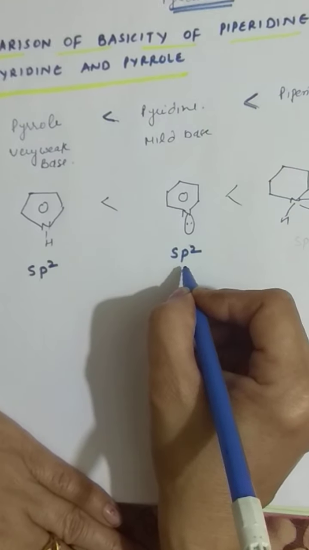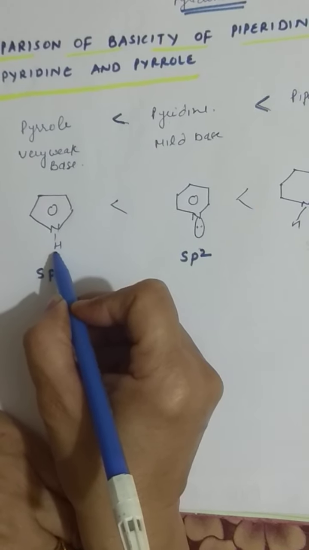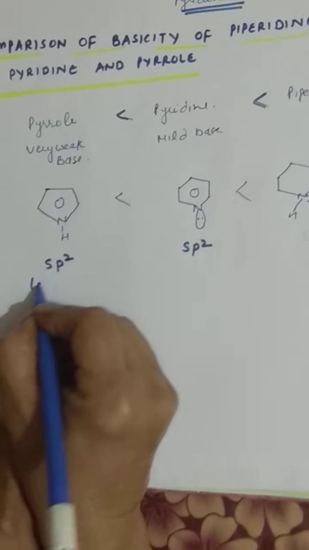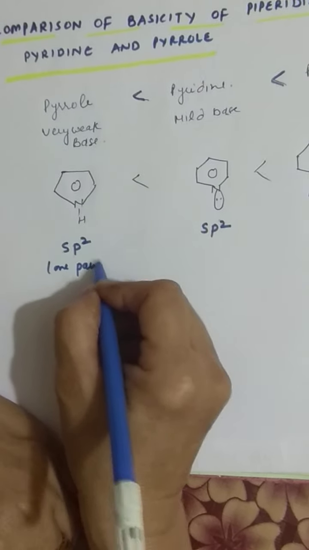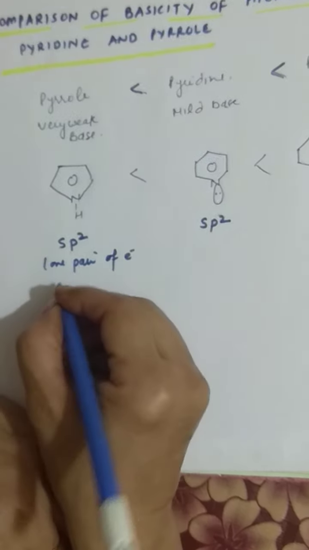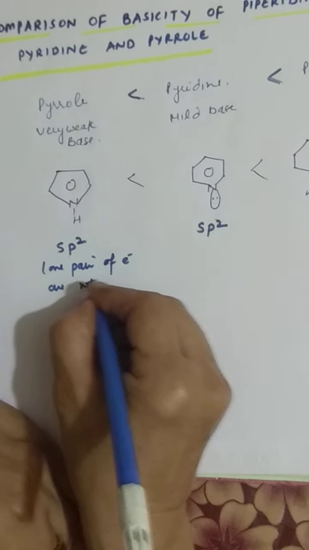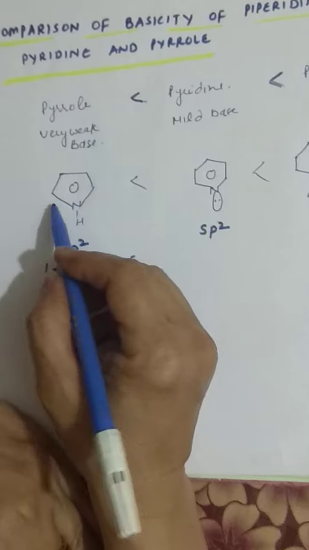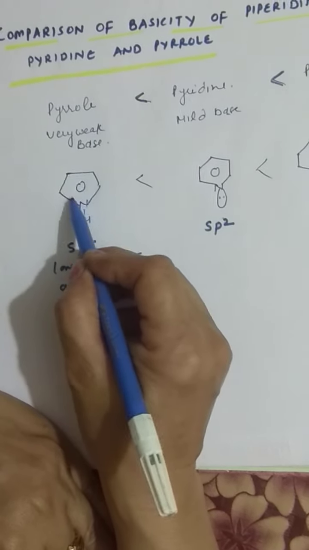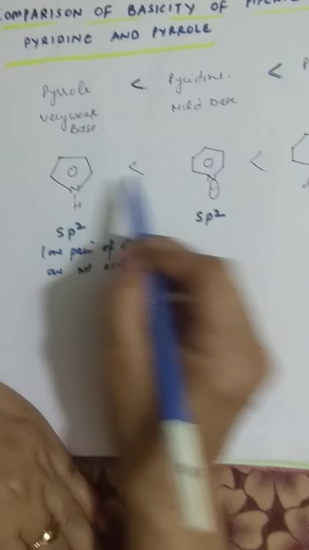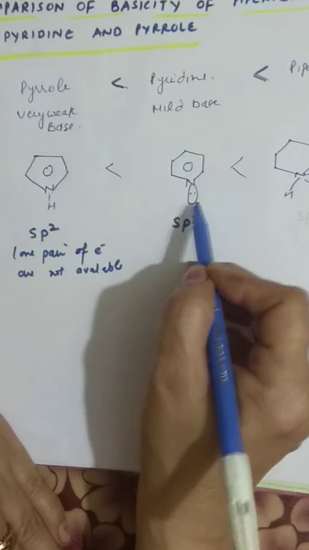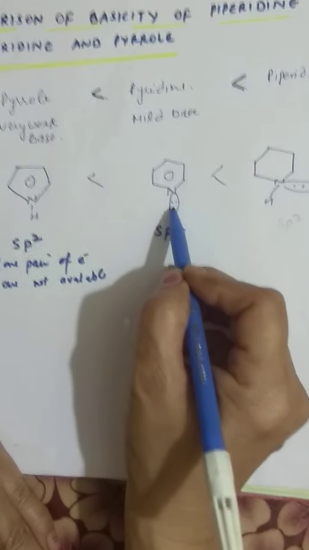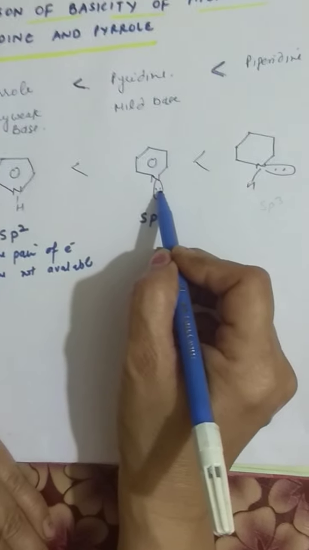Electronegativity is the same. But in the case of pyrrole, the lone pair of electrons is not available because it is used in the delocalization of the pi electron cloud, whereas in the case of pyridine, the nitrogen has a lone pair of electrons.